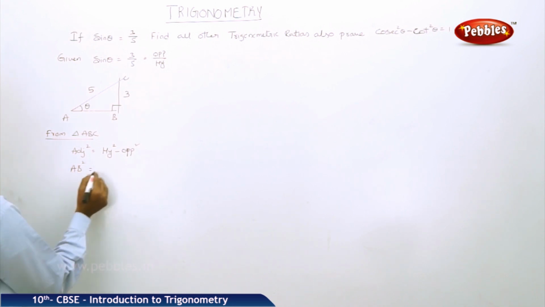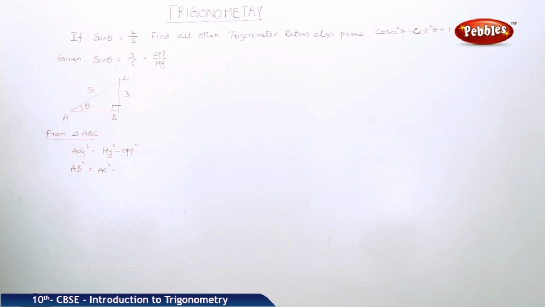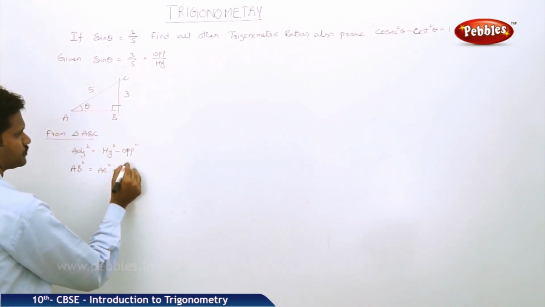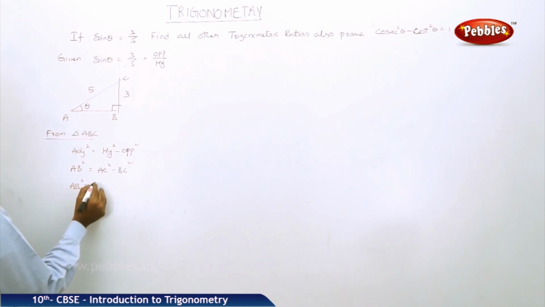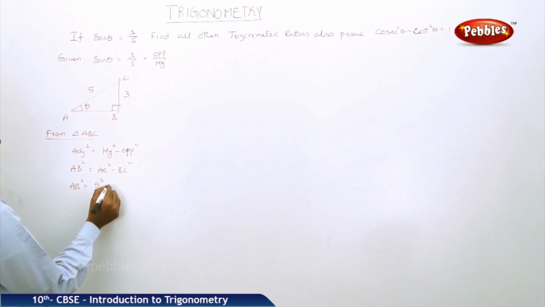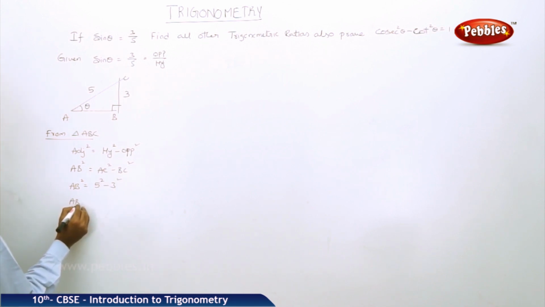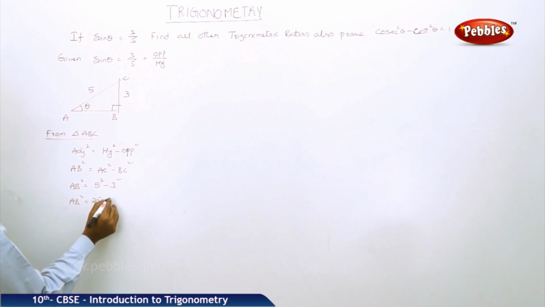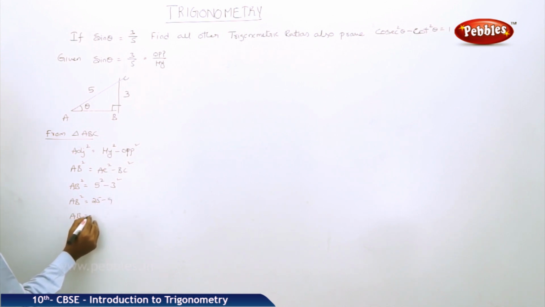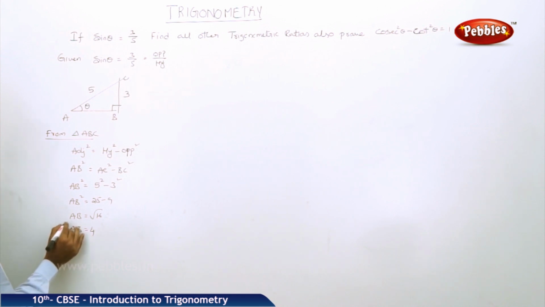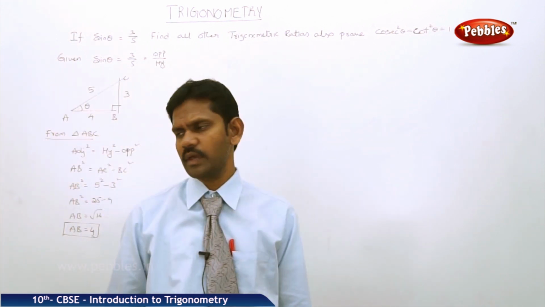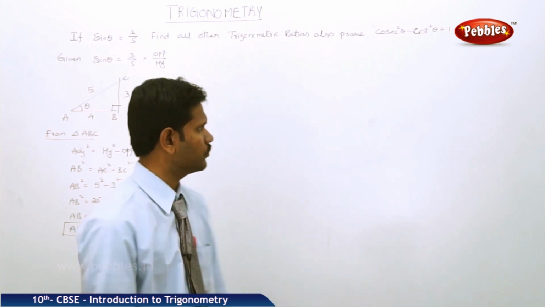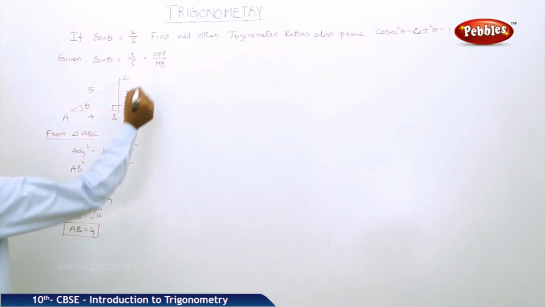AB square is equal to AC square minus BC square, that is 5 square minus 3 square. AB square is equal to 25 minus 9. AB is equal to root 16, so AB is equal to 4. Now I am ready with the value of AB.